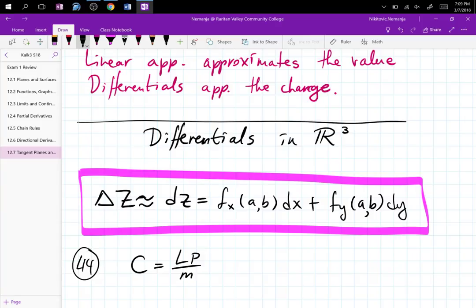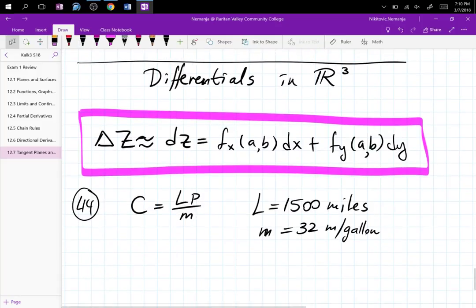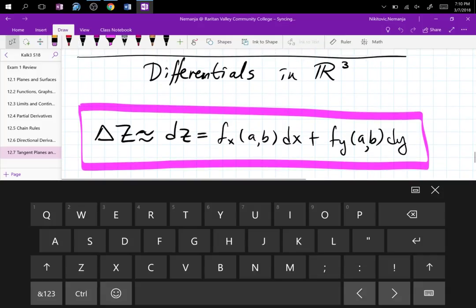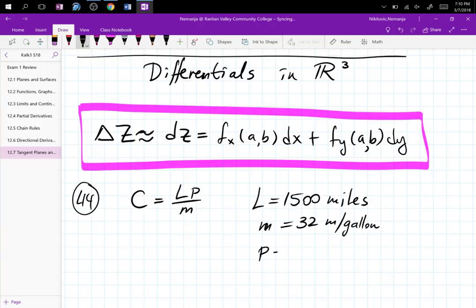So you're planning a trip that is 1,500 miles, and the car gets 32 miles per gallon, with the gas cost of P equals $3.80 per gallon.